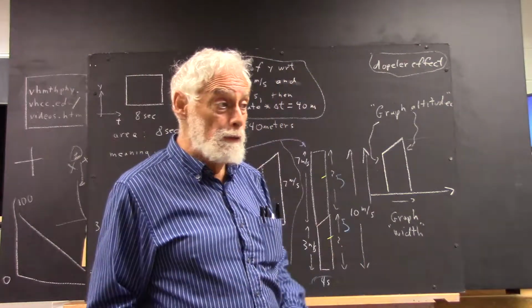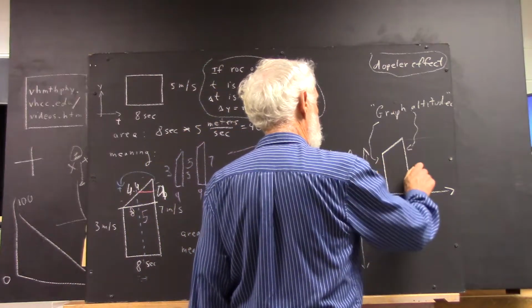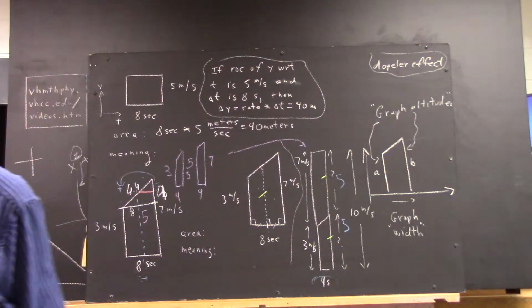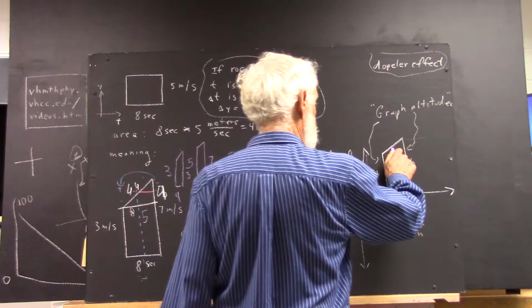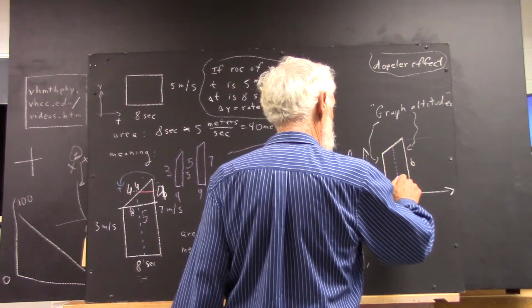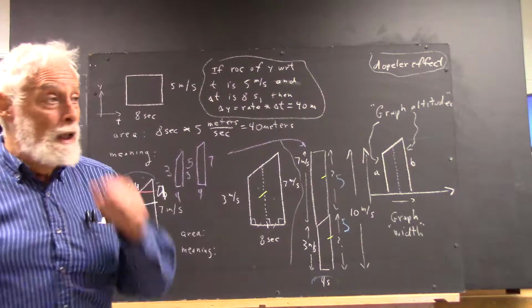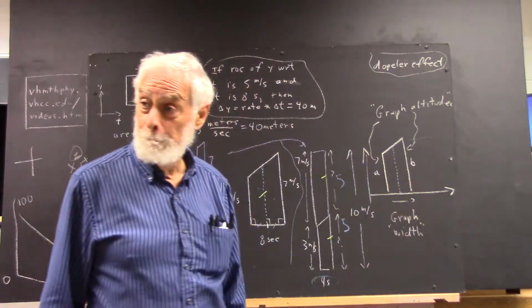Right now what I want you to focus on is the fact that, well, if this is A and this is B, your midpoint altitude is halfway between A and B, right?